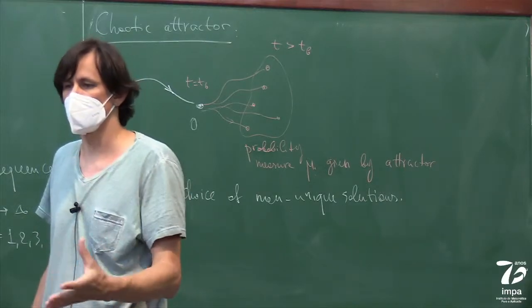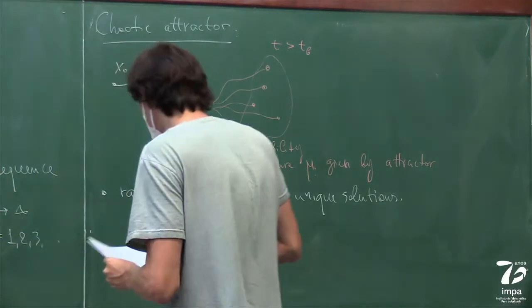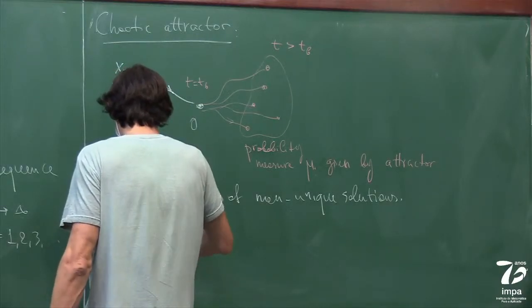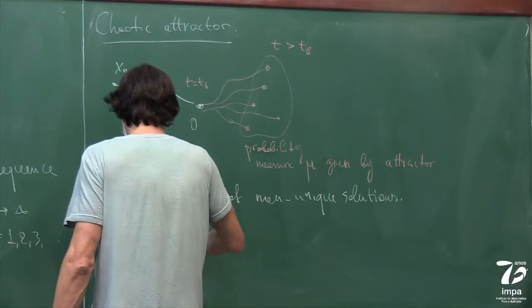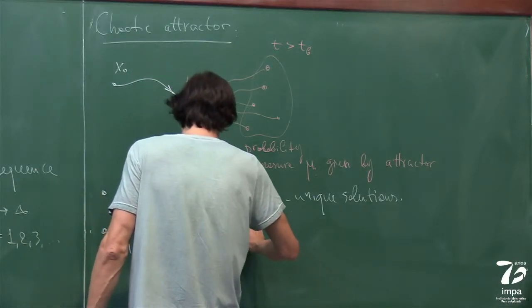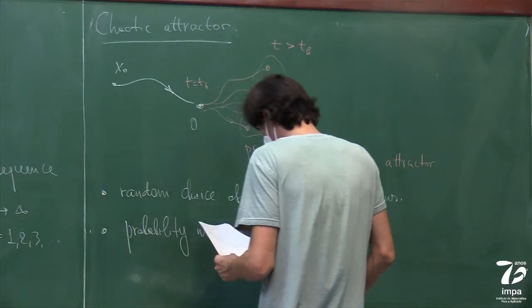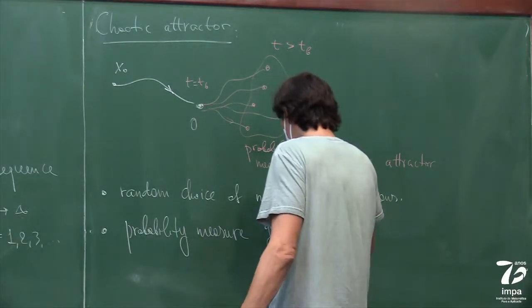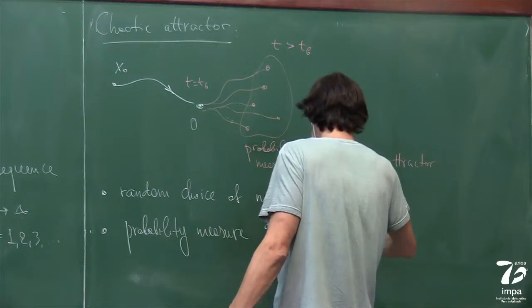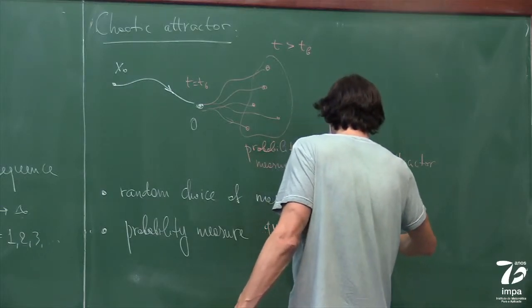So there is a probability associated to the choice of every solution. So there is a probability measure given by the attractor.